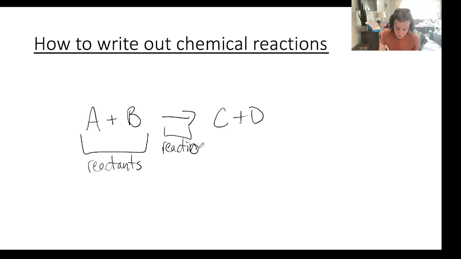That is not how you spell reaction. And then C and D, what we get in the end, that is called our products. So reactant, likely a new word for some of us, but products is probably more of a familiar word. So that's how we write out chemical reactions. So we know what chemical reactions are, and we know how to write them out.